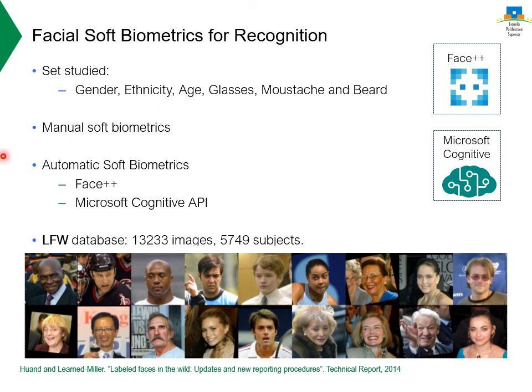In fact, in the school at UAM, we conducted a comparison study, studying the soft biometrics generated by these two commercial tools, and then comparing them with soft biometrics obtained manually using the LFW database that we mentioned before, that is commonly used in face recognition.